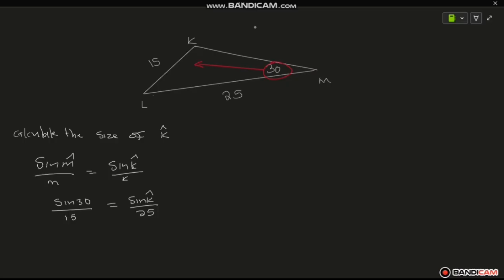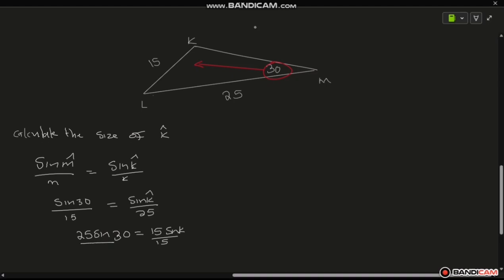Therefore, sine 30 times 25, it will be 25 sine 30, or you can just punch it in your calculator, equal to 15 sine K. Then you divide both sides by 15. Then the 15 on the right cancels out.